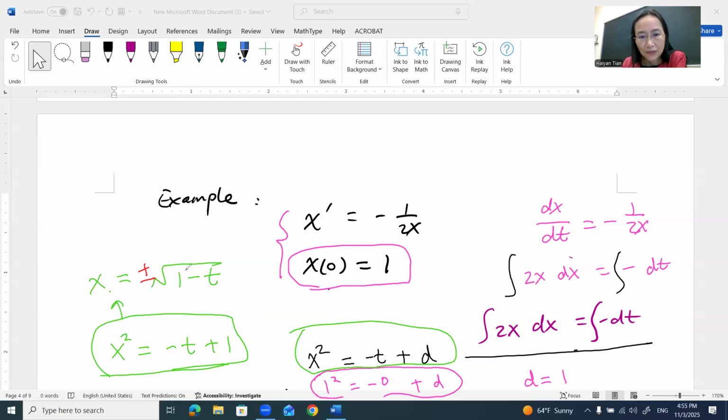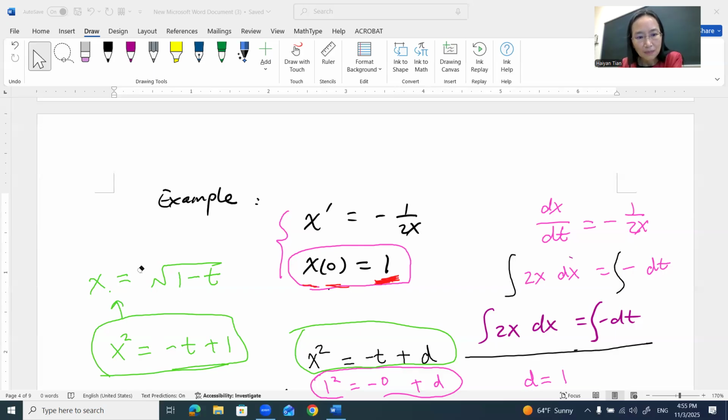We can use either positive or negative, but depending on, if you take a negative, no, you have to take positive because the x value is initially positive. So that is the hint for us. When the initial value is 1, which is positive, let's take a positive. Yeah, that's the solution. So we should take a positive square root of 1 minus t.